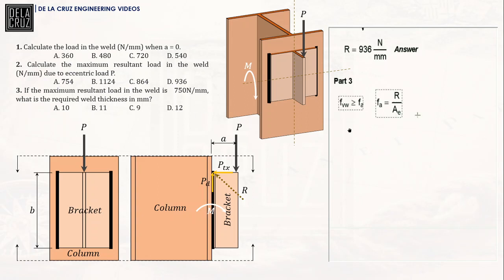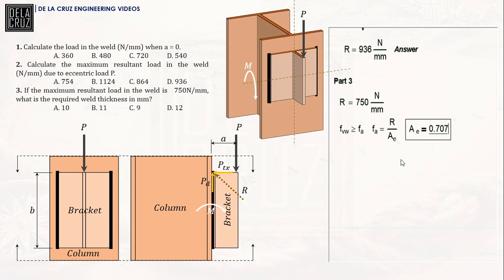So define natin, R to be used here is equivalent to 750 newtons per mm. Okay? So that would be the R to be used. Now, ano yung effective area natin? So yung AE natin, remember, that is 0.707 times weld thickness.